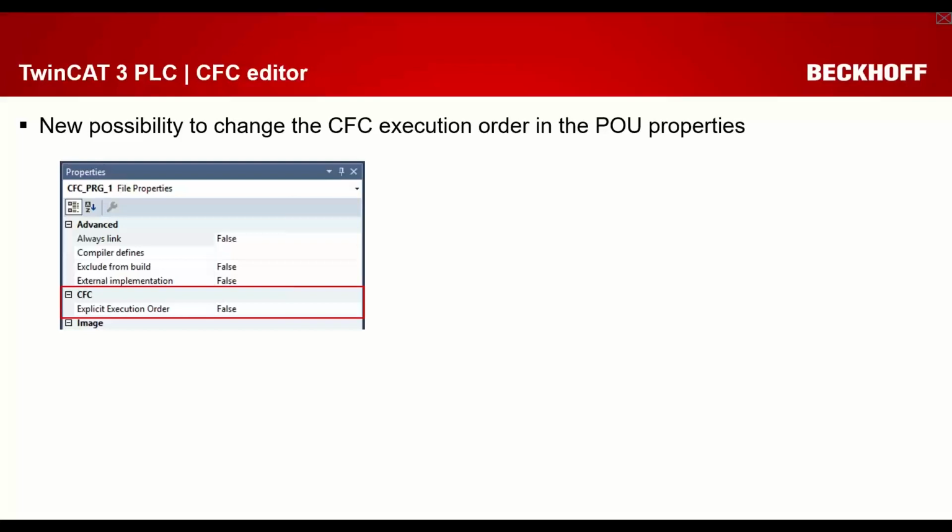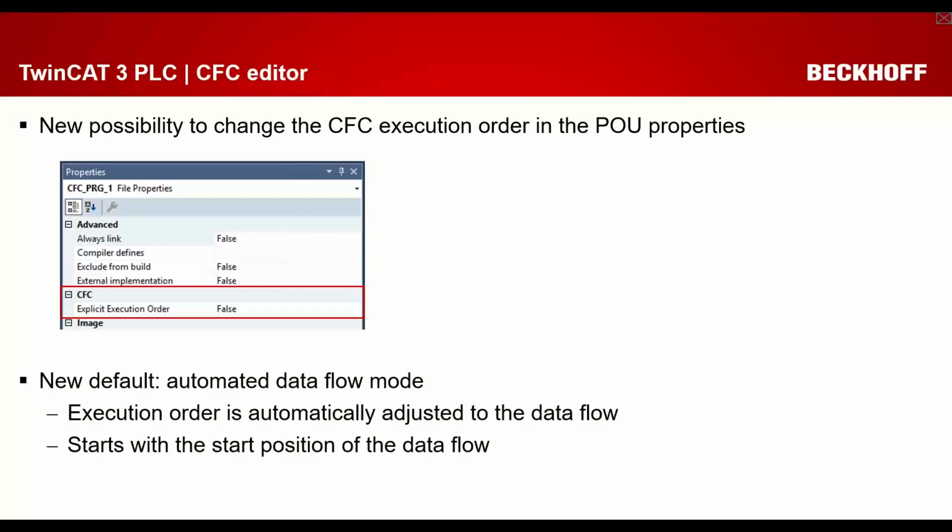In addition, we have also added quite some features for the CFC editor. Here there is a new possibility added to change the CFC execution order. And the new default is the automated data flow mode, where the execution order is automatically set according to the data flow. And it always starts with the start position of the data flow.